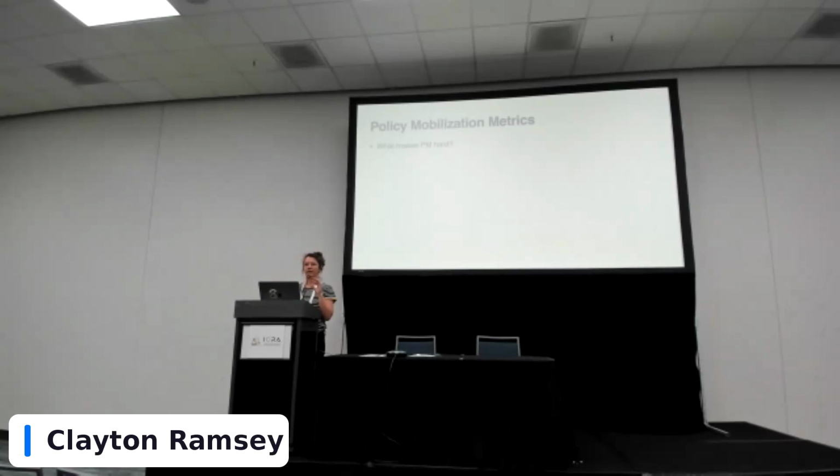But as a part of this MobiPy framework that we are proposing, I want to show you also a few metrics that we use to evaluate how hard a given policy is to mobilize. So here are a few metrics for this policy mobilization scenario. First of all, what makes this mobilization hard?